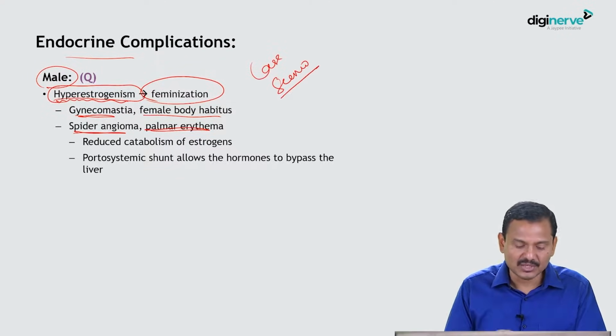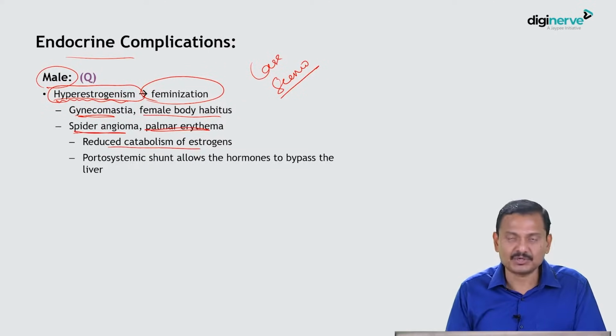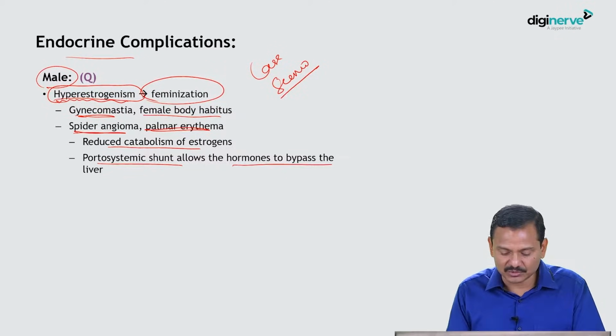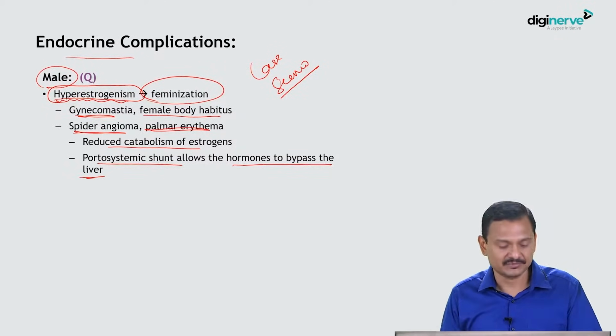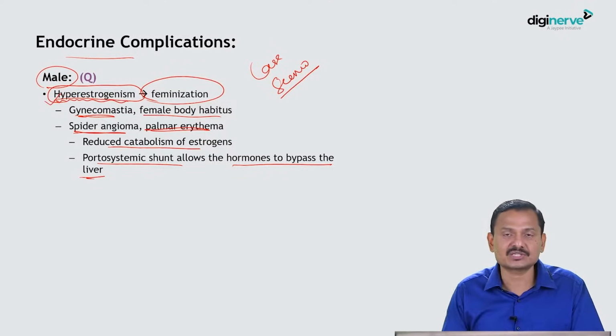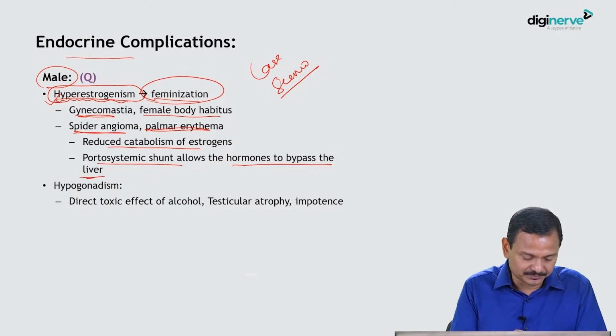And what is the cause of this hyperestrogenism? There is reduced catabolism of estrogen as well as portosystemic shunt that allows the hormone to bypass the liver. So that is the reason why males will have hyperestrogenism and manifestations of feminization.